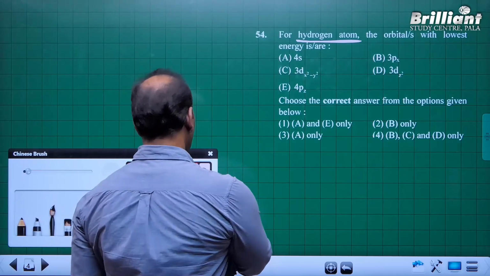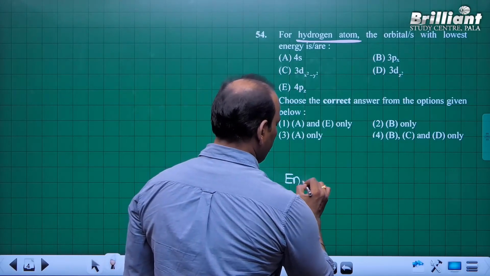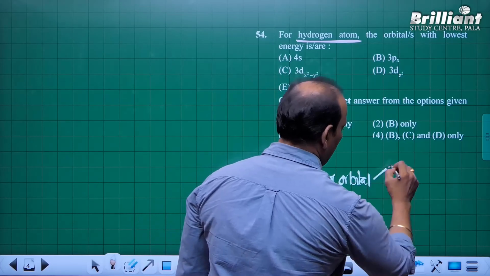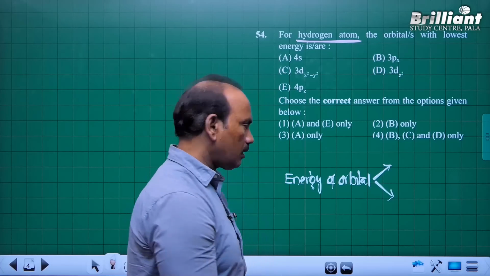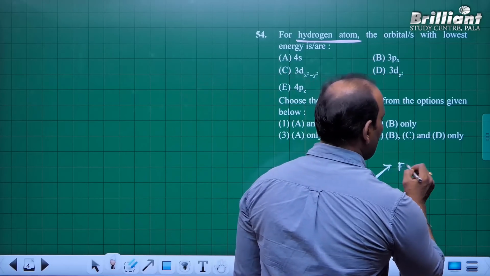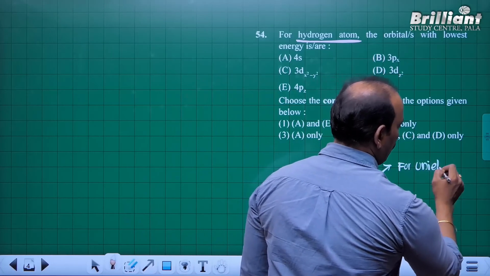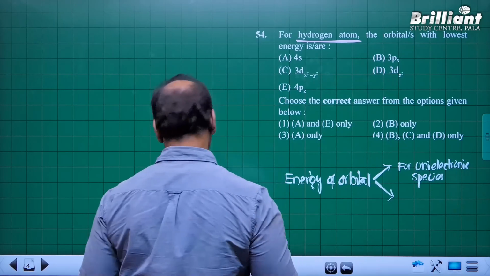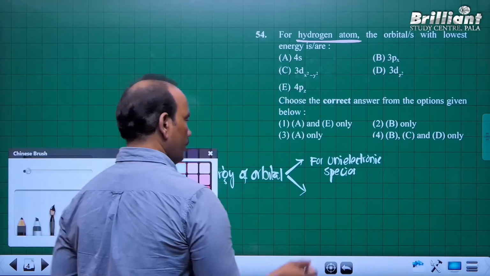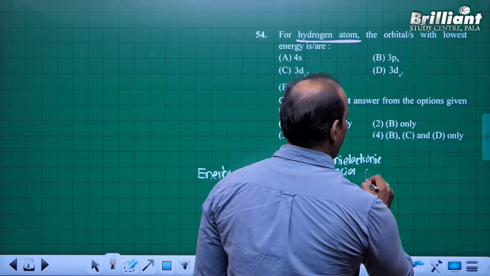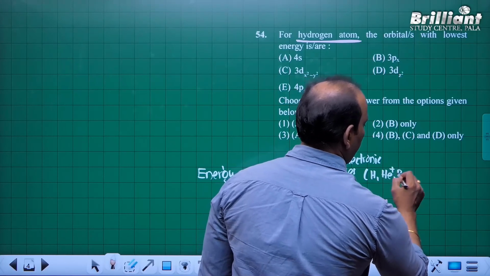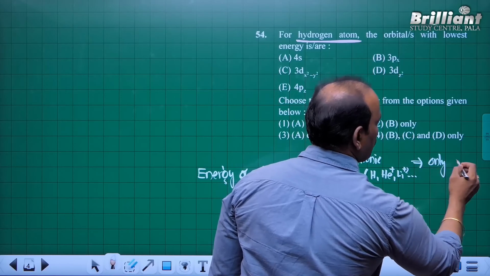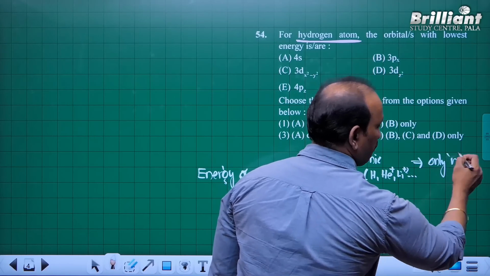For uni-electronic species like H, He+, Li2+ and so on, the energy of the orbitals depends upon only the principal quantum number, that is n.